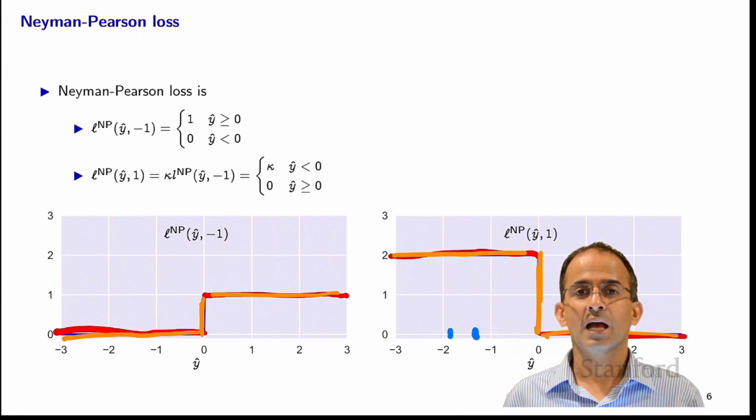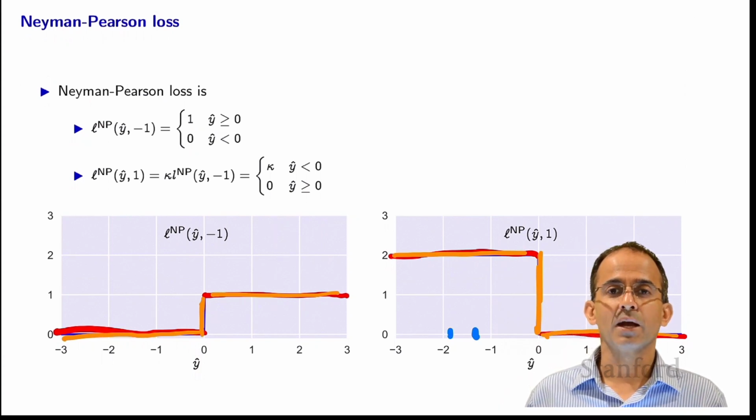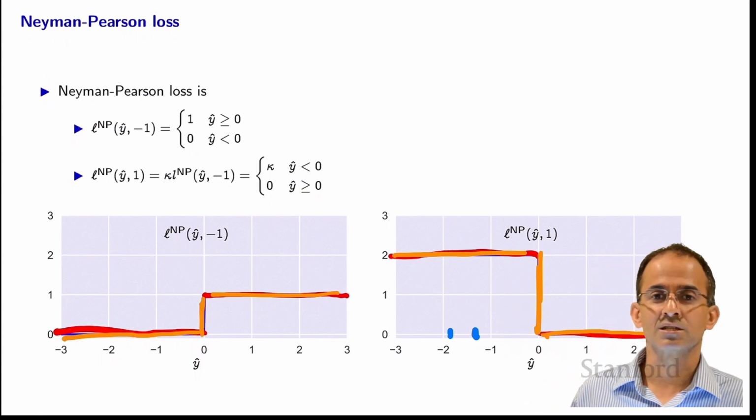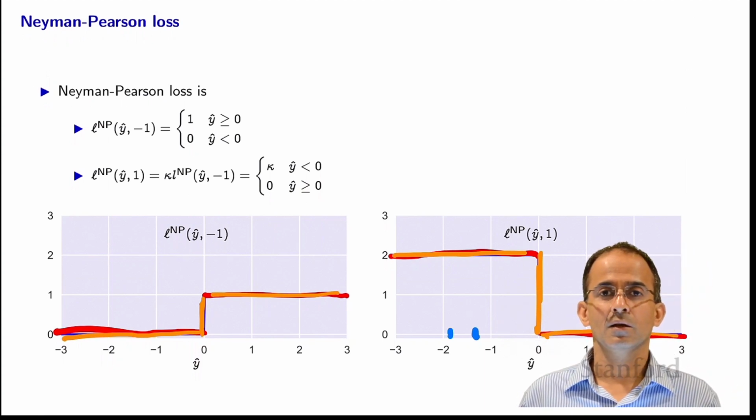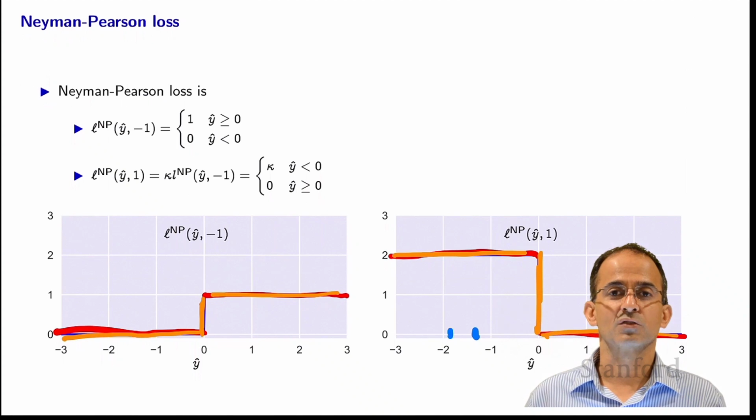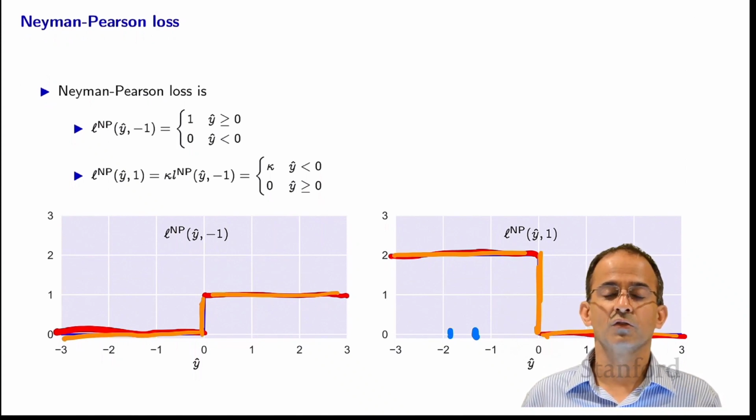And so it's hard to have an algorithm which is based upon small changes to theta and searching over small changes for theta. It's hard to have such an algorithm work when one has a loss function which has 0 derivatives everywhere.